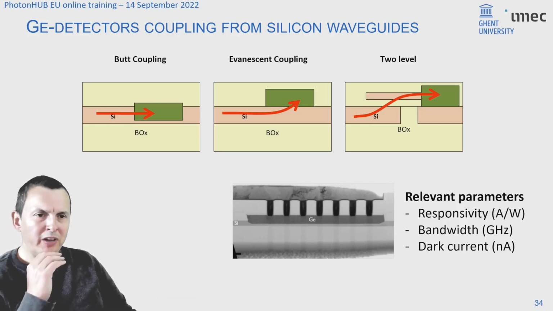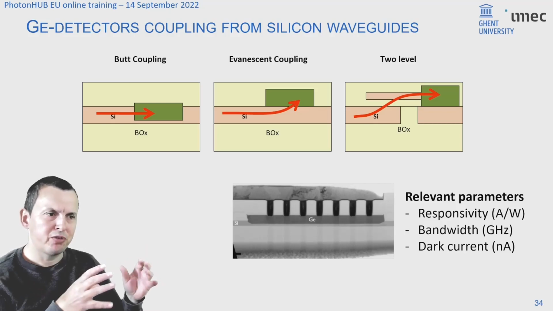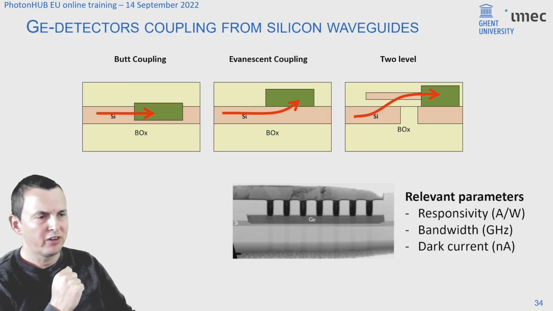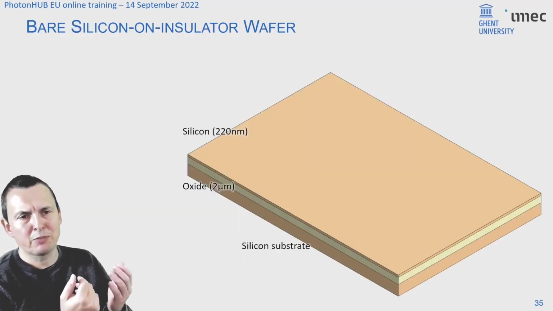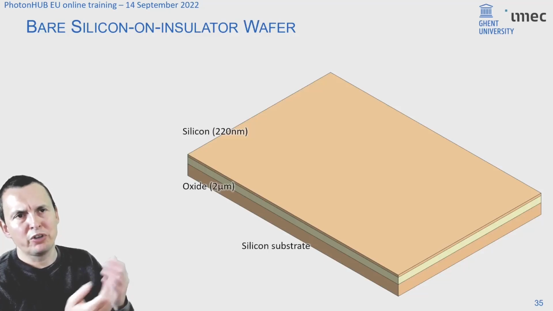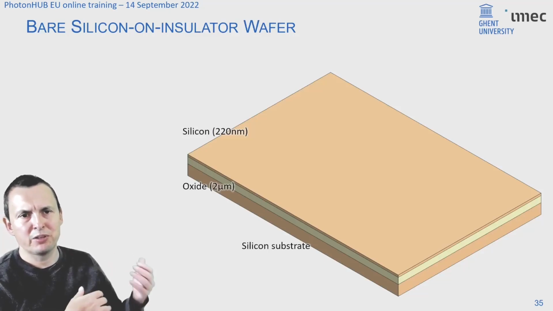Now, let me take you quickly through the fabrication process before we dive into what is needed to design these circuits. This is a typical silicon photonics process, but if you go to other material systems, you will encounter similar fabrication steps like epitaxial growth, lithography, and etching.